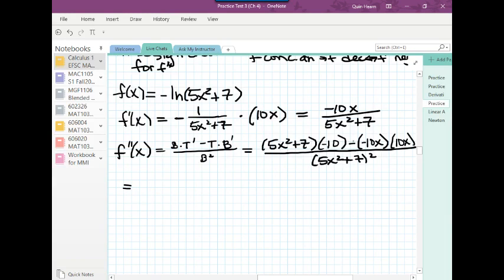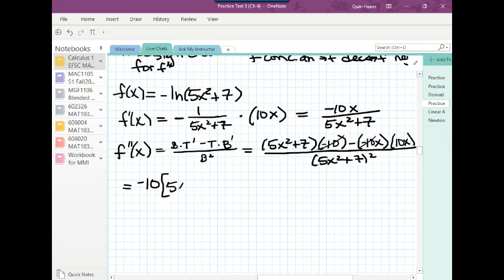So do you remember the quotient rule? Bottom times the derivative of the top minus the top times the derivative of the bottom over the bottom squared. Okay, so let's try this. Bottom would be 5x squared plus 7.